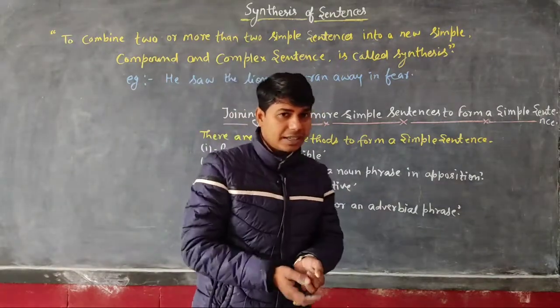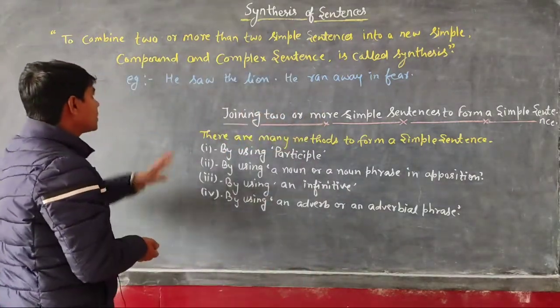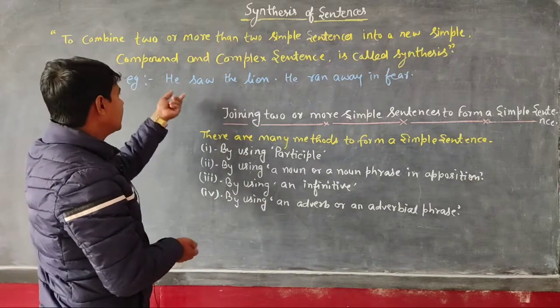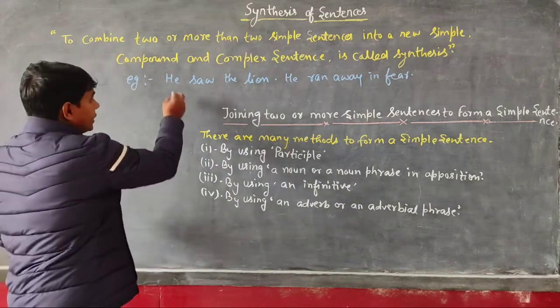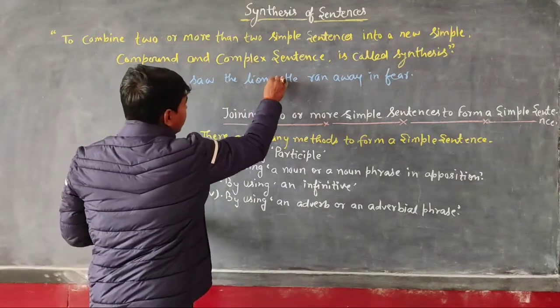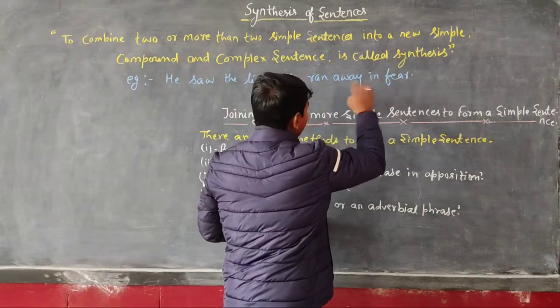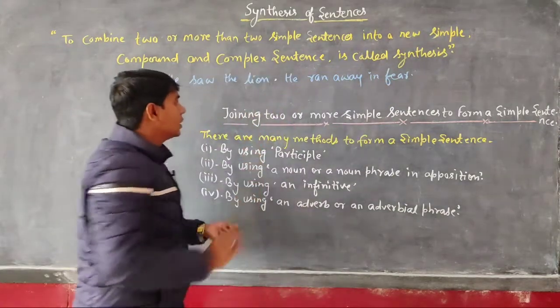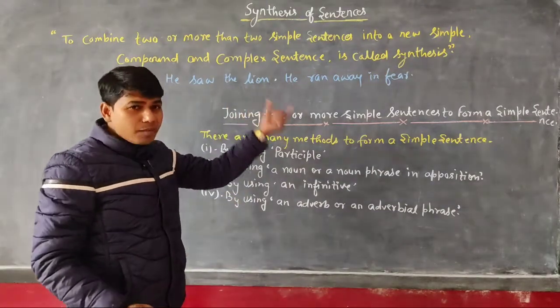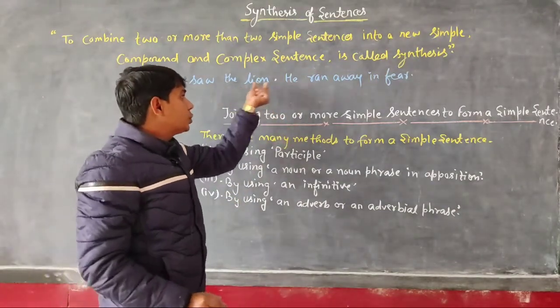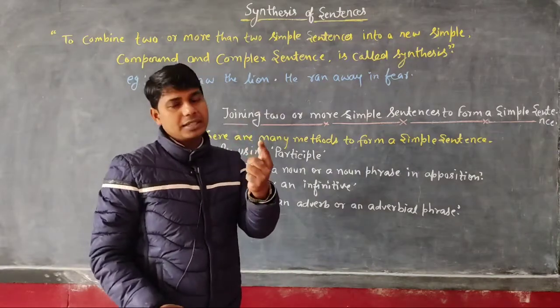Okay dear, so let's see an example. Suppose that we have an example. He saw the lion. This is a sentence. He ran away in fear. This is the second sentence. So now I am going to join these two sentences into a single sentence.